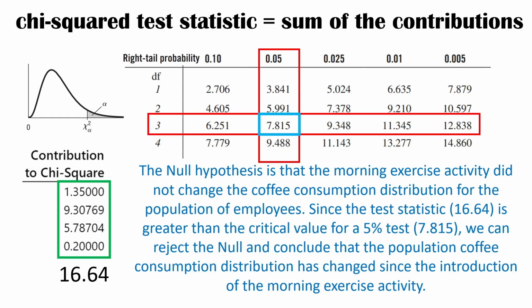The null hypothesis is that the morning exercise activity did not change the coffee consumption distribution for the population of employees. Since the test statistic is greater than the critical value for a 5% test, we can reject the null and conclude that the population coffee consumption distribution has changed since the introduction of morning exercise activity.